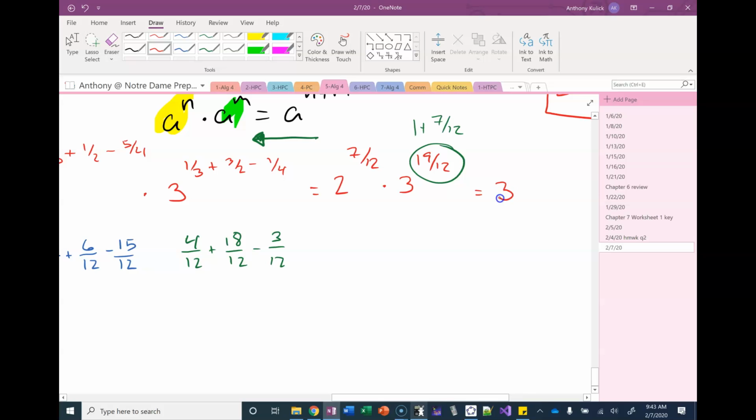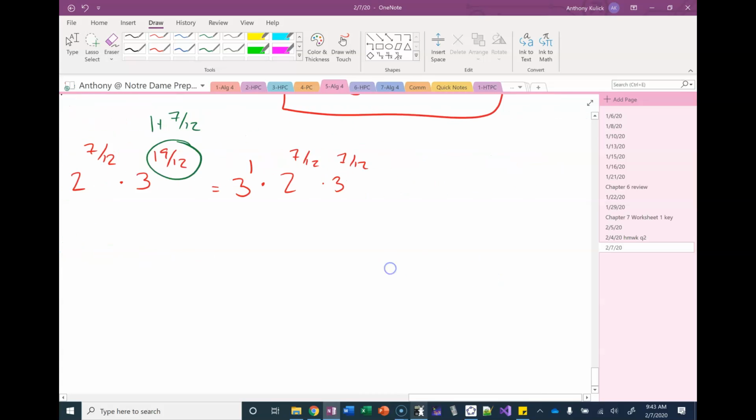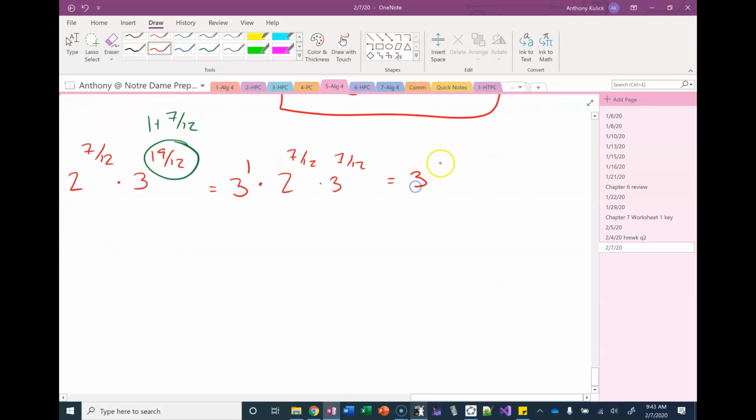So that's going to give me a 3 to the 1st, and then I still have the 2 to the 7/12 and the 3 to the 7/12. So I'm just going to write this then as the radical 3 times the 12th root of 2 to the 7th times 3 to the 7th.